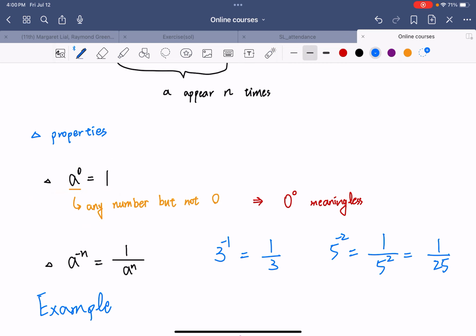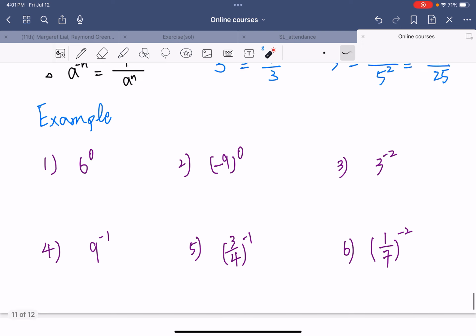So 3 with power 0 is 1. 25 with power 0 is 1. 68 with power 0 is 1. Okay, and let's move on to see some examples.